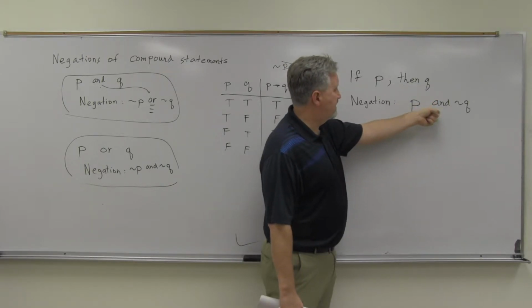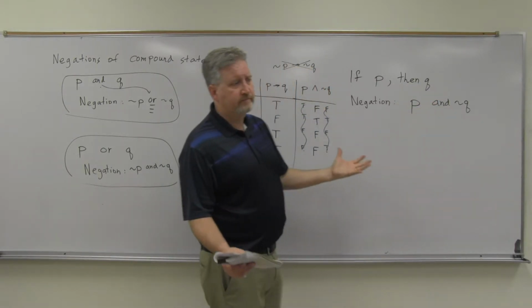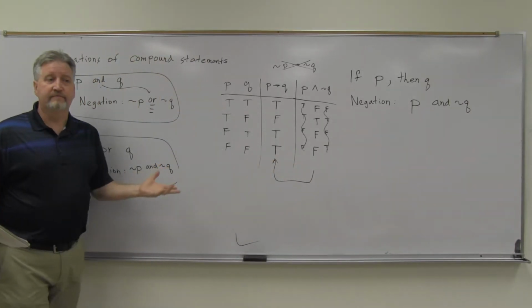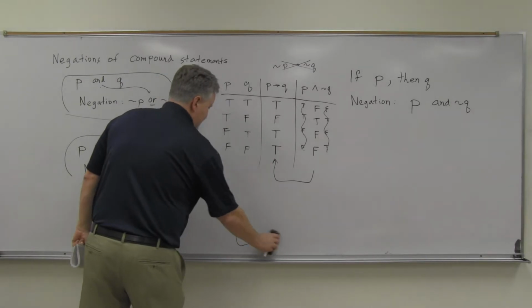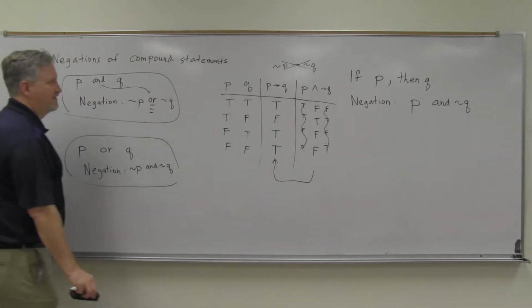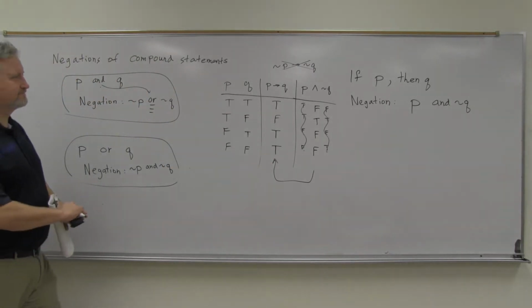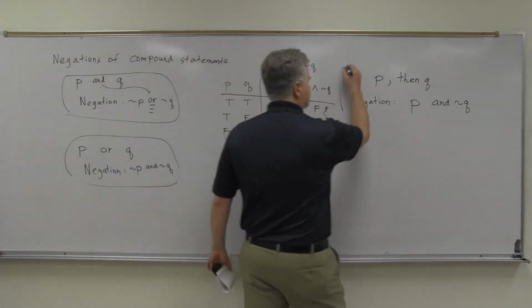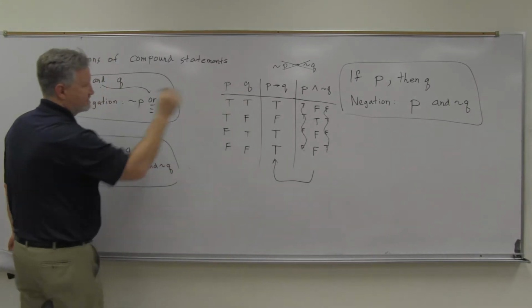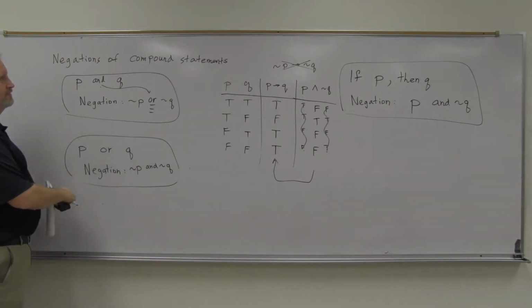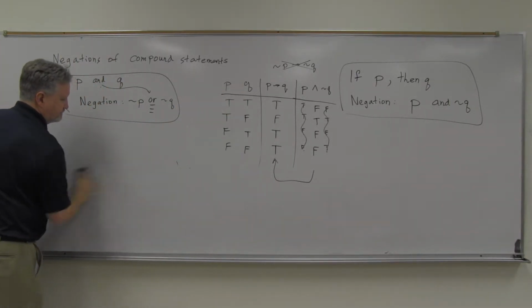And then we change the if-then to and. Okay, so that's how you negate an if P then Q statement. All right. So with these in mind, that's our third one. So yeah, these two are pretty nice. That one's a little tricky. We'll do a couple examples here.